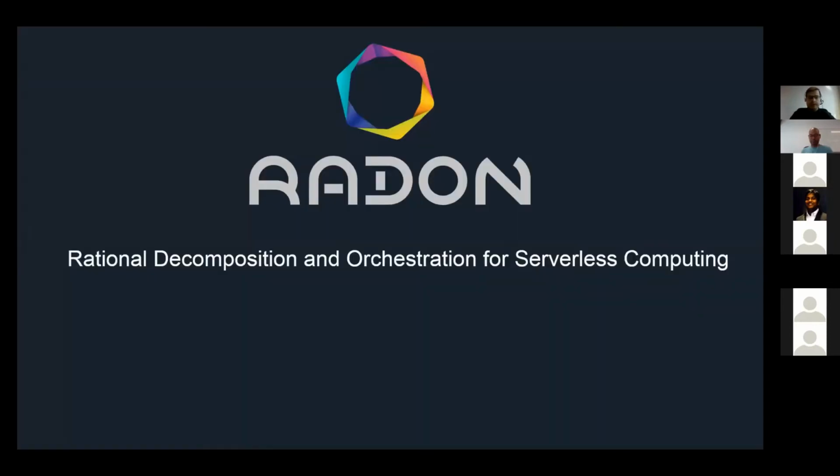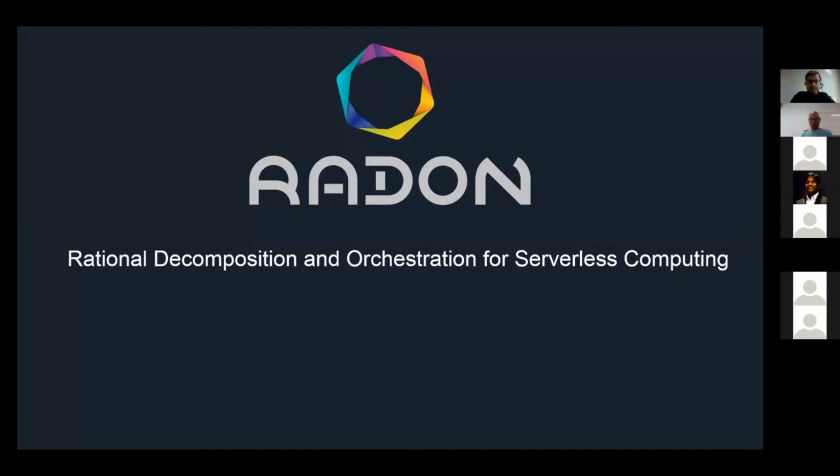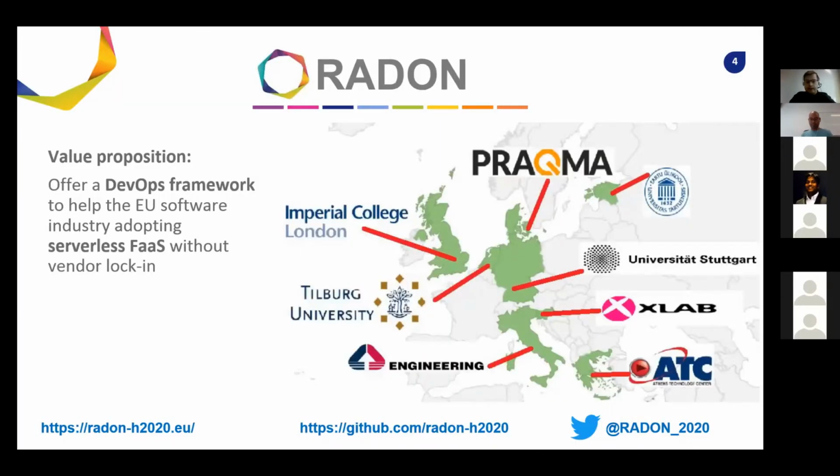So let's start with a short introduction of the RADON project. Like I mentioned, RADON is a large Horizon 2020 EU project. There are quite a few universities and companies involved all over Europe, starting from Estonia, where we in Tartu University are with Chinmaya, but there are also participants from UK, Slovenia, Italy, Greece, and so on.